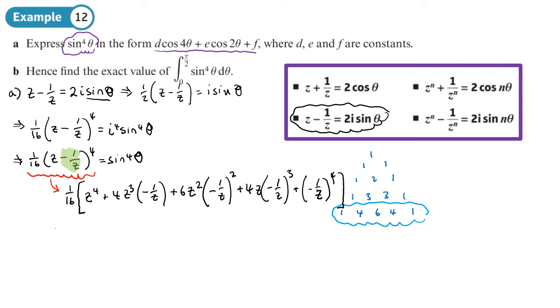Okay, so we want to pair up the terms. Now what we need to watch out for is that these negatives here are going to change some of the signs when we do that minus 1 over z to a power.